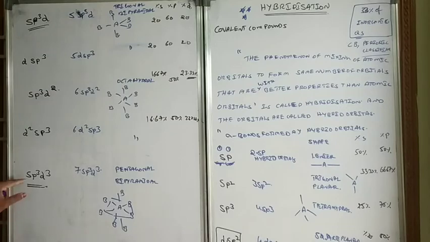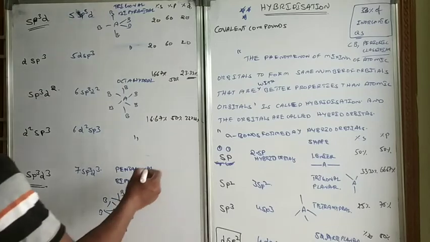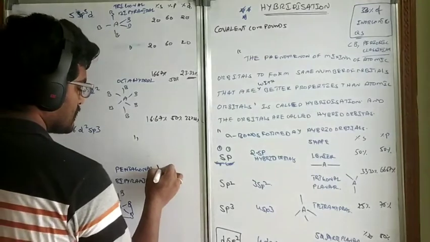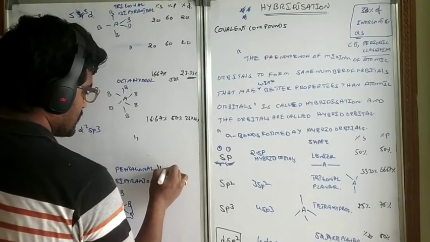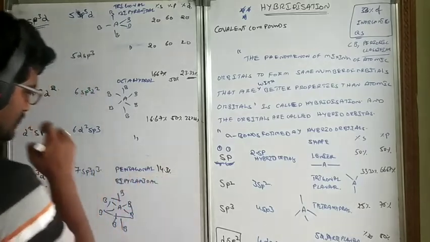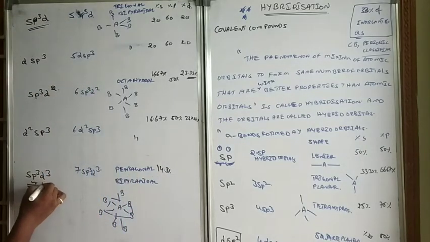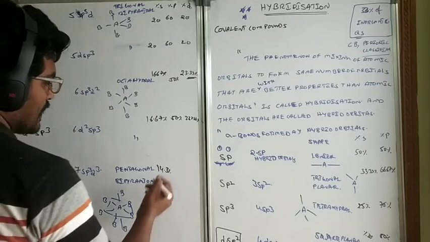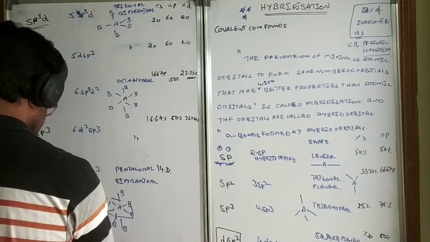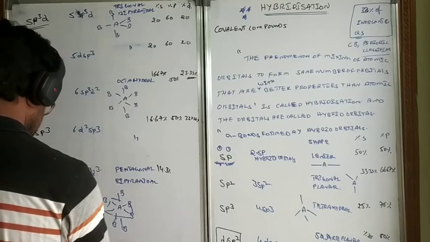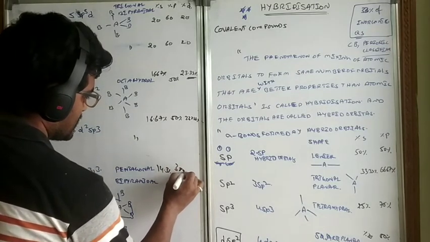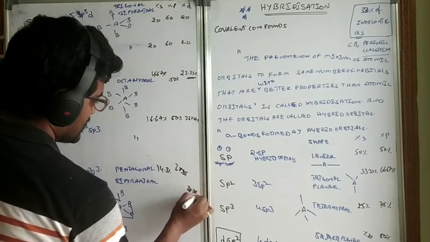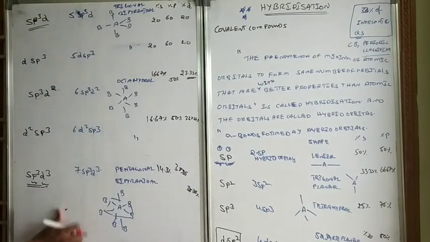sp3d3 is 1 by 7 into 100, which is 14.3%. In this, 3 p orbitals are there, so 3 by 7 into 100, and 3 d orbitals, 3 by 7 into 100, so it will become 42.85% each. So be careful with this.